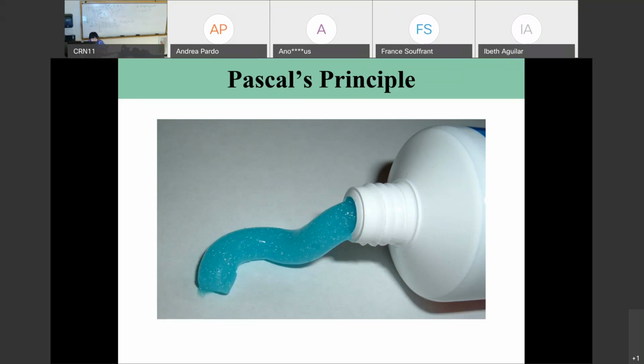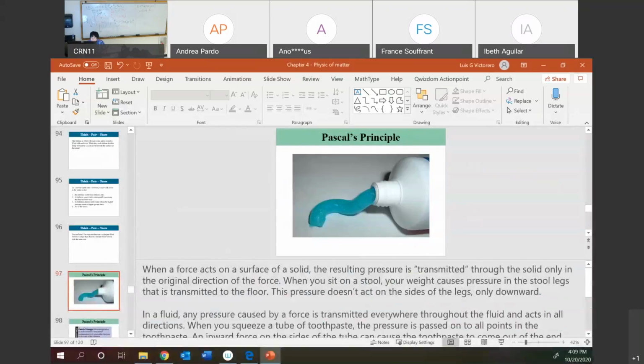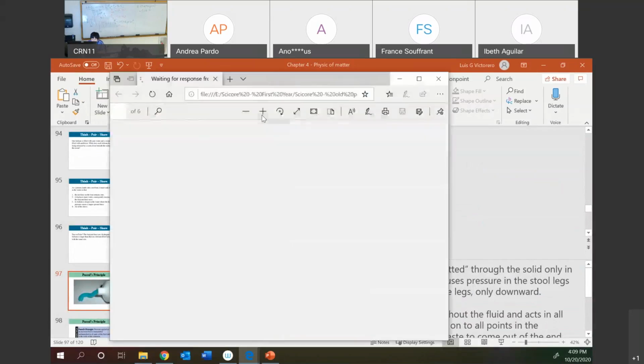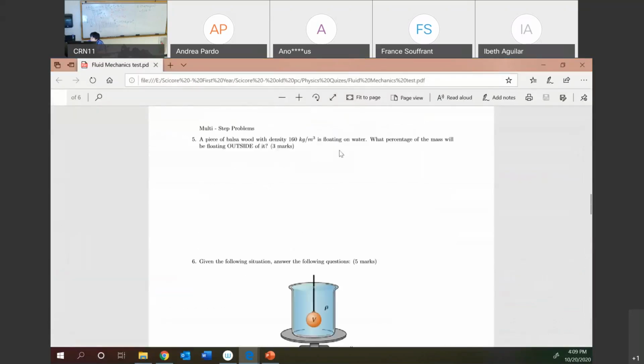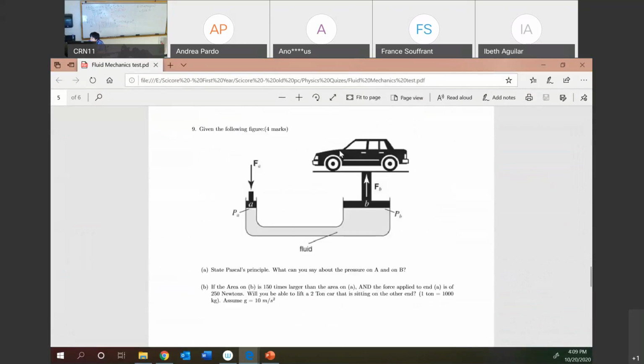Let me show you an example of what I'm talking about. The best example for this is this here. I think they still use that in mechanics, when you go to the mechanic, when you want to lift a car.